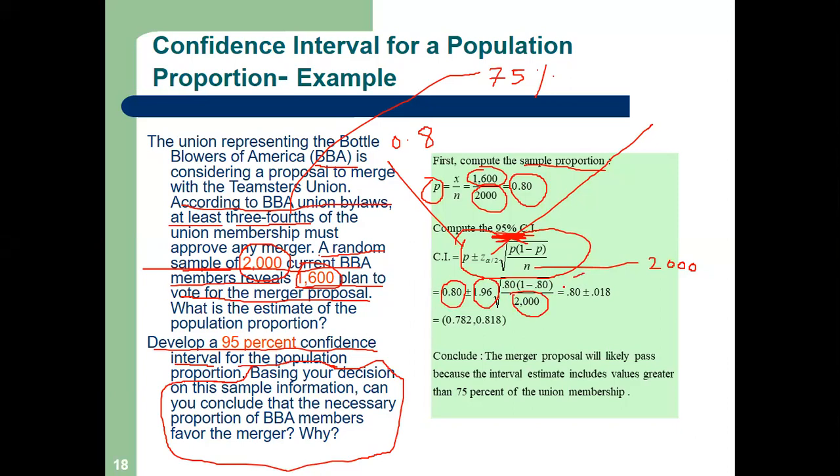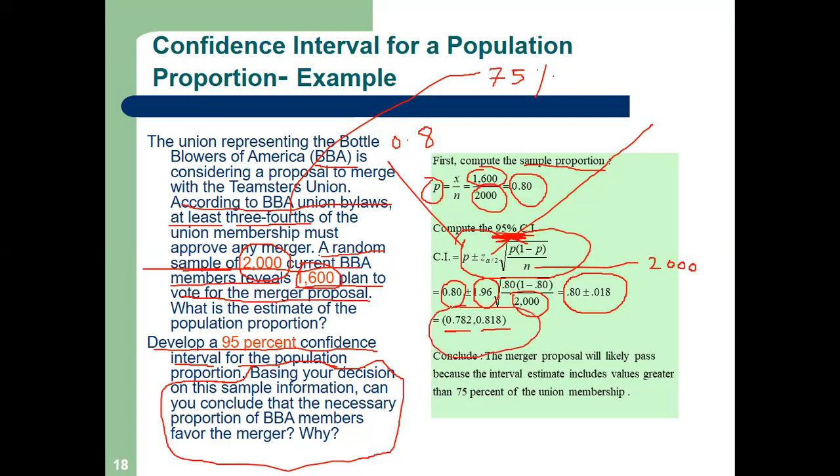We get 0.8 plus minus. Always there will be an interval, plus minus 0.018. So 0.8 plus 0.018, that is 0.818, and 0.8 minus 0.018, that is 0.78.